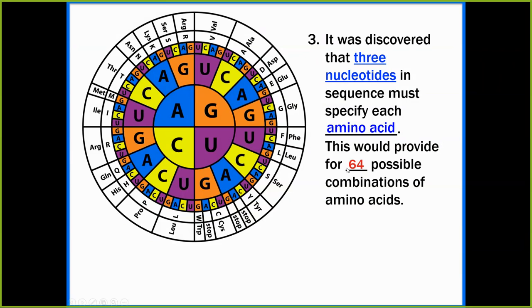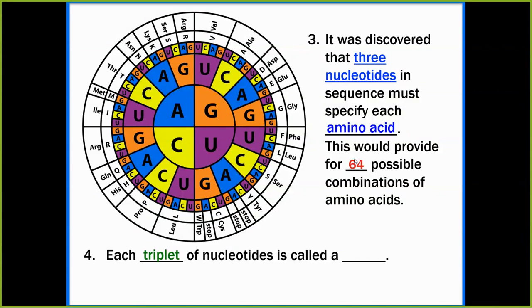This means that there are 64 possible combinations, but of course, we know that there are only 20 amino acids, so some of these are going to make the same ones, which is fine. Each triplet of nucleotides is called a codon.